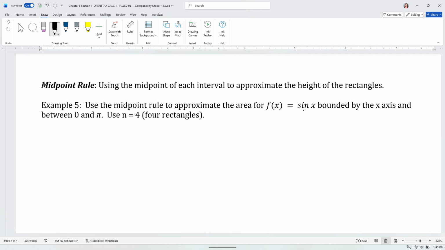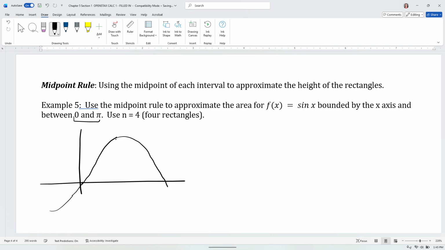So here we have 0 to pi for the sine curve. Down low, curve this way, and this way, and then this way. So here's where pi is. I'm going to go from 0 to pi.